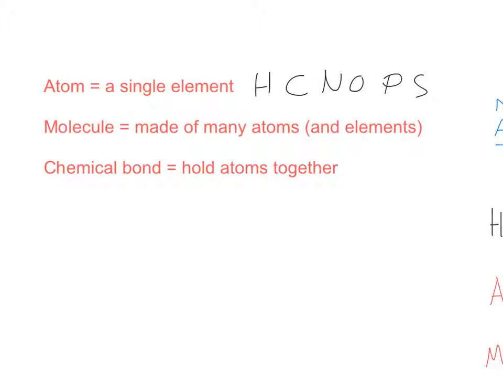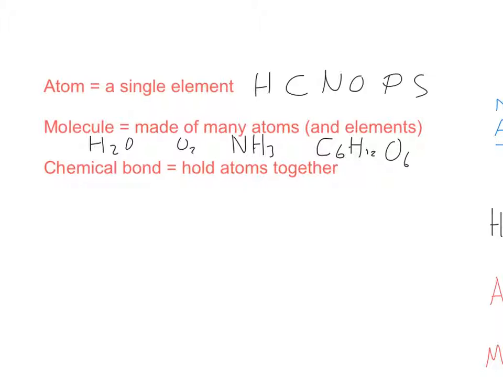For molecules, that's things that are made up of more than one atom. That would include water, oxygen gas, ammonia. Other substances we'll talk about later on, for example, sugar, C6H12O6.